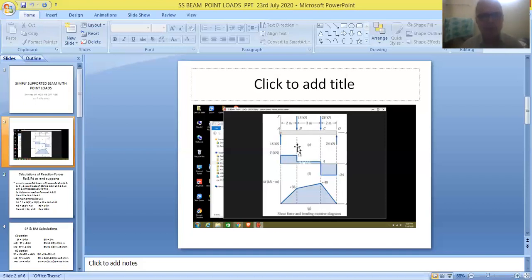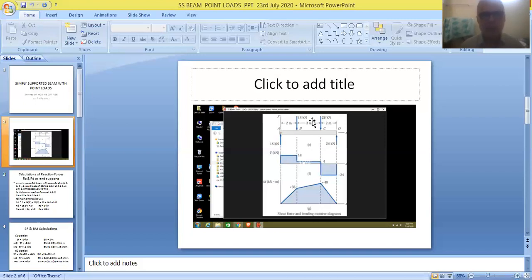We are providing supports at both ends of the beam. Therefore, these supports will be offering a certain amount of resistance, called reaction forces. As a result, the beam will have a tendency to remain in an equilibrium or static position.